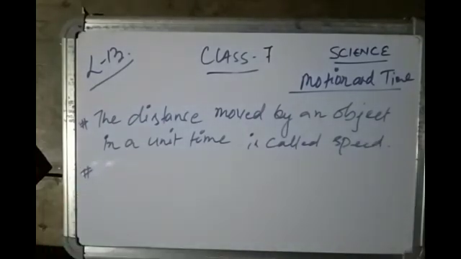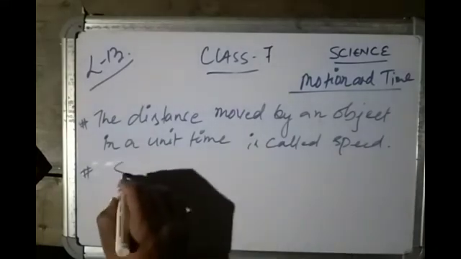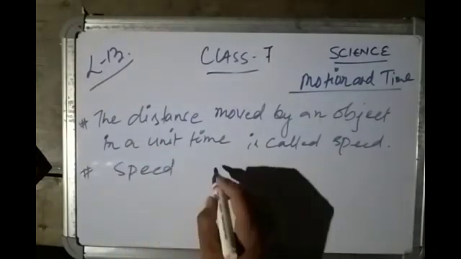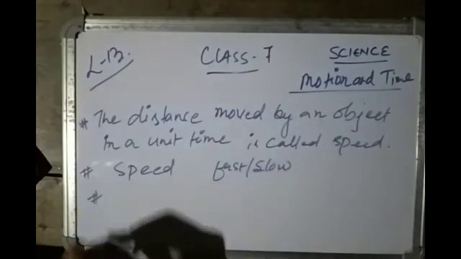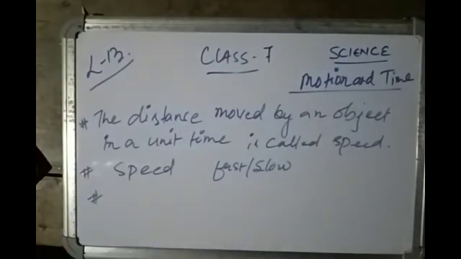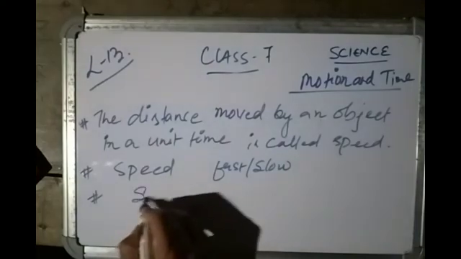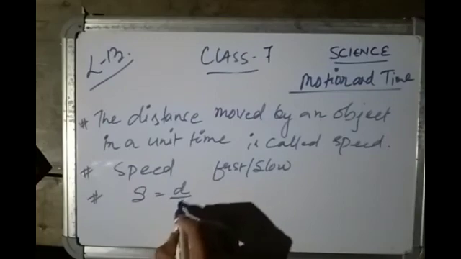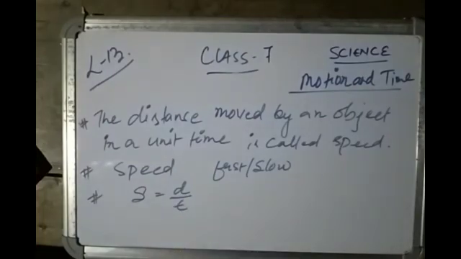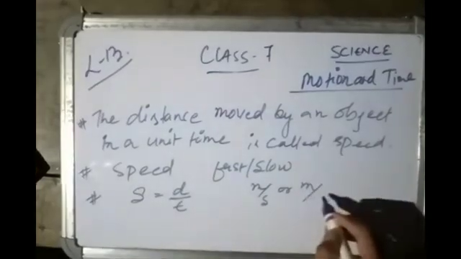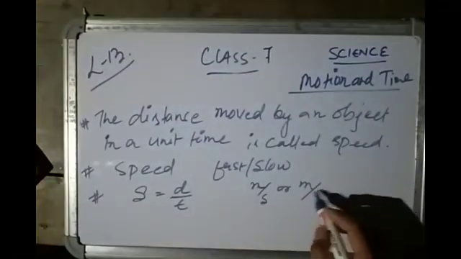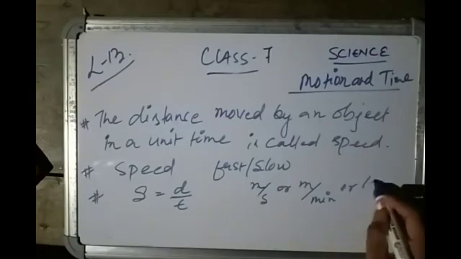Next, the speed of an object helps us to decide which one is moving faster than the other. Then the speed of an object is the distance traveled divided by the time taken. The formula is speed is equal to distance by time. Therefore, the unit will be meter by second, or meter by minute, or kilometer by hour.